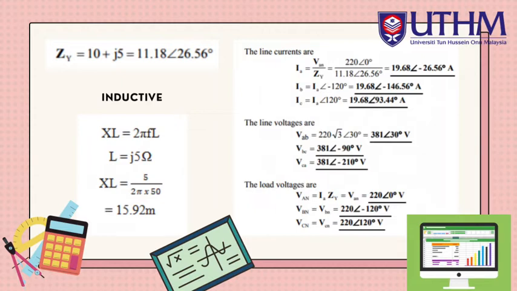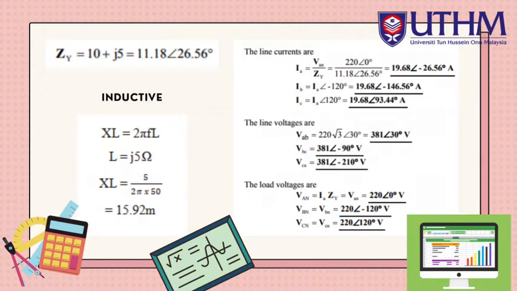For line voltages, to find VAB, the equation is 220 times root 3 with an angle of 30 degrees, and we get 381 with an angle of 30 degrees volt. For VBC, the answer will be 381 with an angle of negative 90 degrees volt.